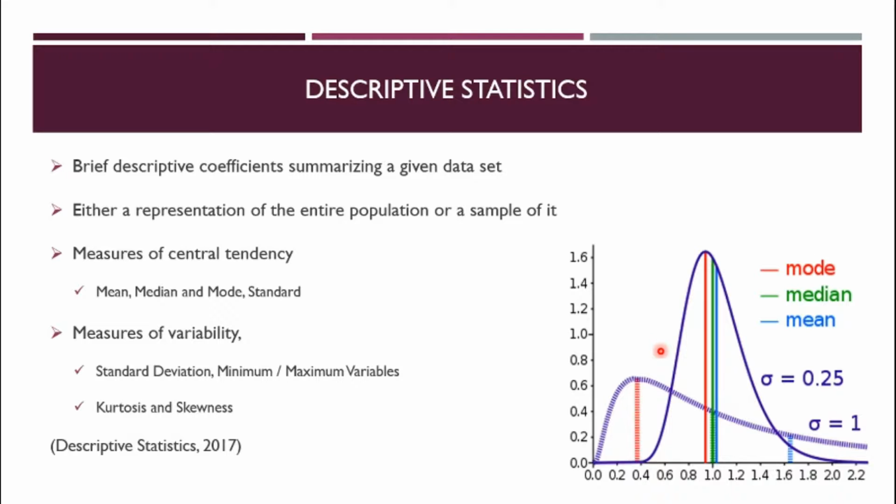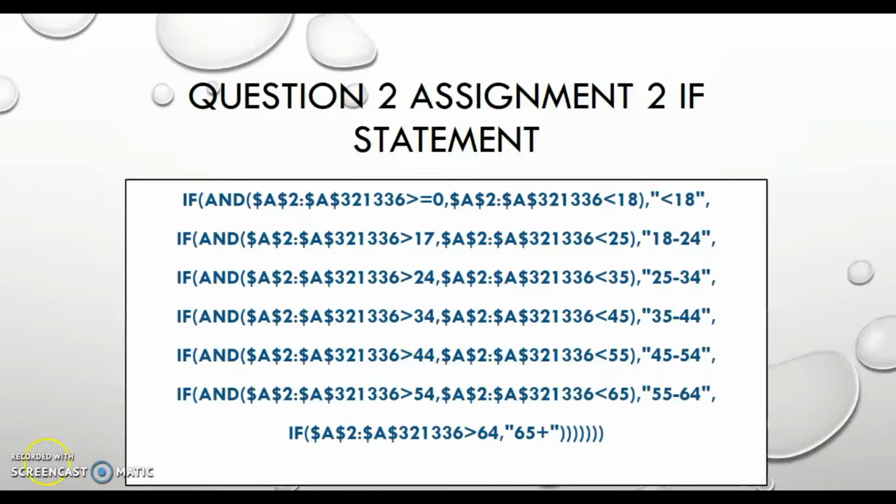As you can see from the diagram, this is what a typical descriptive statistics looks like after calculation. For example, let's say that this is the understanding of the population, and you can see where the mode and the median are. So let's proceed to the next part of the presentation.